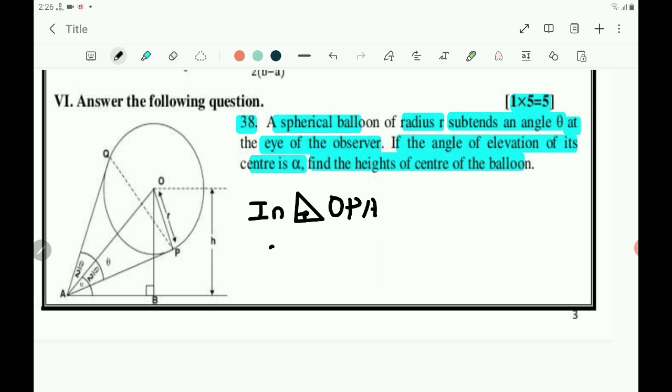Here the angle is theta by 2, because the whole angle is theta.